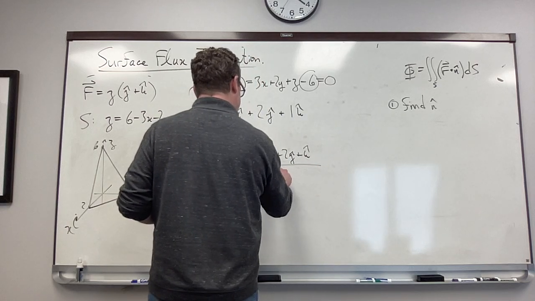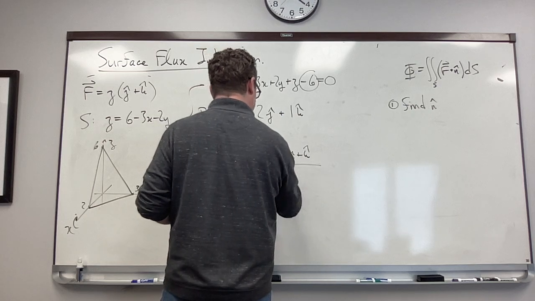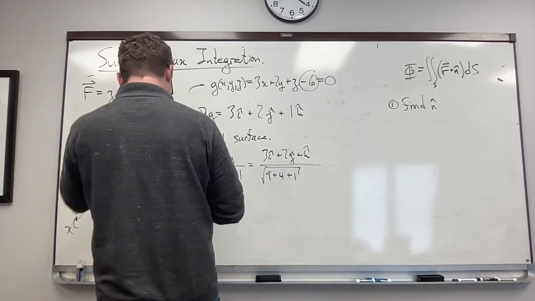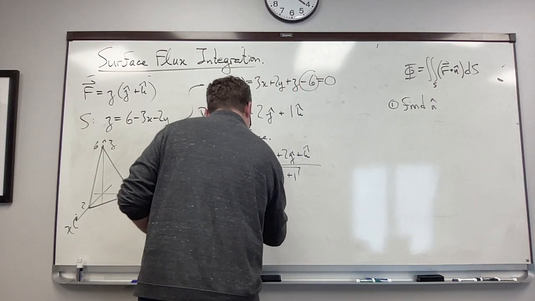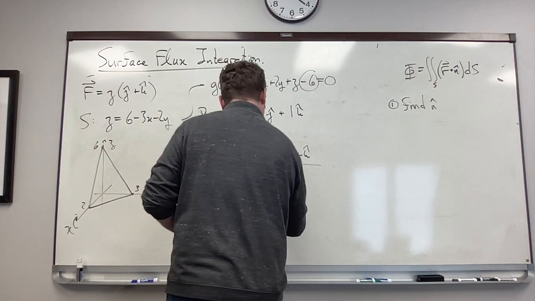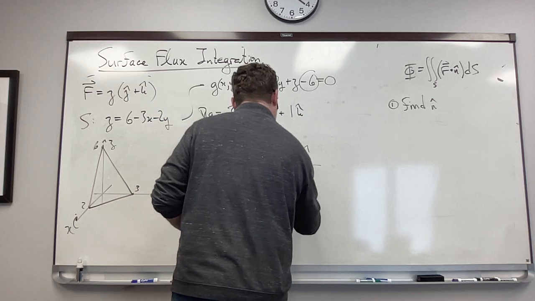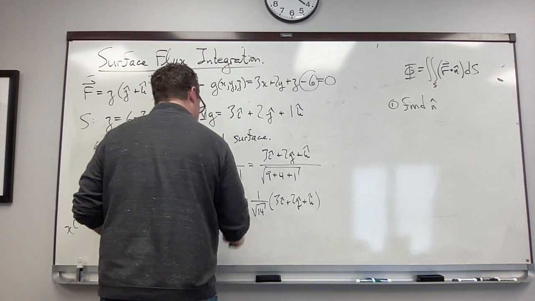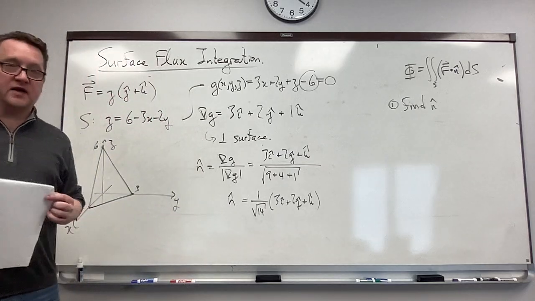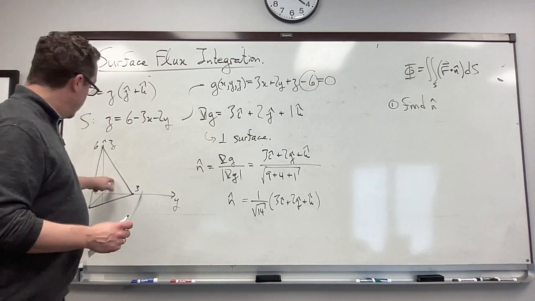So that's 9 plus 4 plus 1, right? So square root 14. So this becomes 1 over square root 14 times 3i plus 2j plus k. That is our unit normal vector to this surface S.